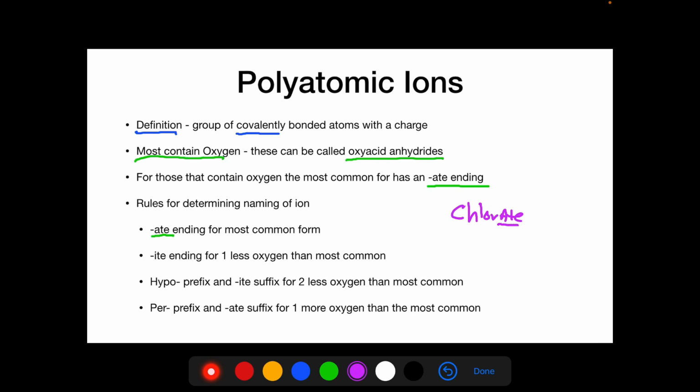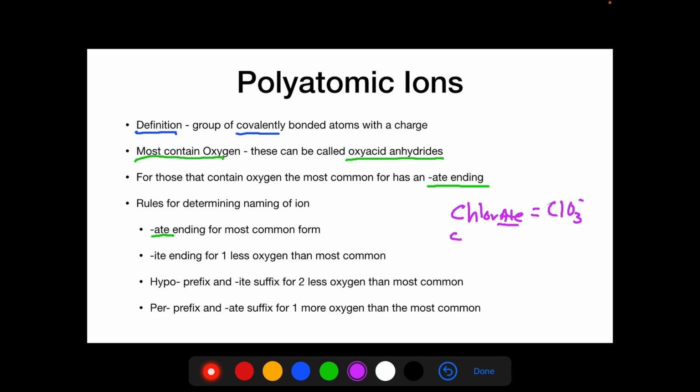Chlorate has the ATE ending, and its formula is ClO3, and it has a minus charge. So in the case of chlorate, the most common form of it has three oxygens.